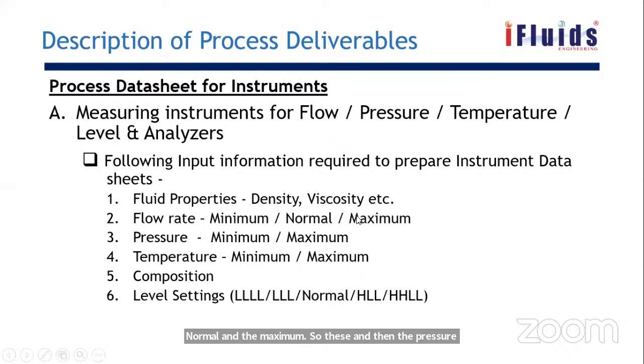These minimum, maximum values will come through the design criteria, and the design philosophy will state how much percentage extra we can take. Those things will be given through that philosophy. Then the design basis, and the level setting: what is my minimum level, low, normal, high level, and high-high level. These are all the data we need to fill in for the procurement of the instruments.